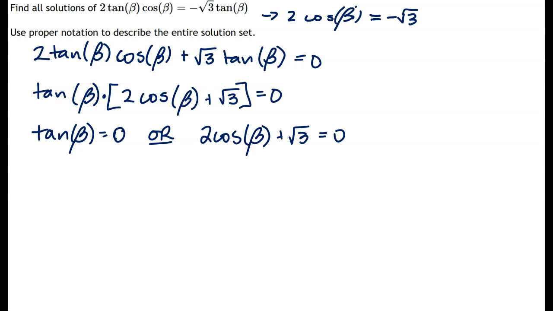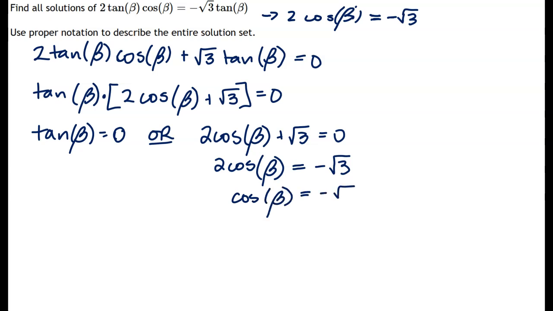That tangent beta is already ready for the unit circle, so I'm going to work just a little bit more on this other equation. I'll subtract the root 3 from both sides, and then I will divide by 2, and I'm happy to see some special values cropping up for both of these.